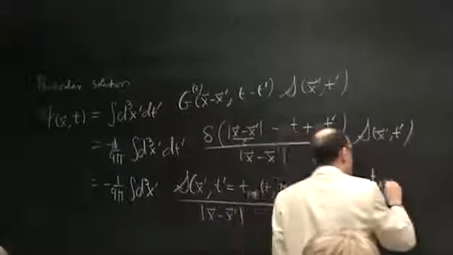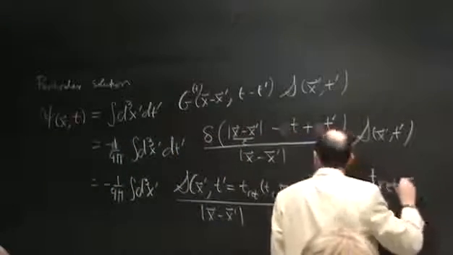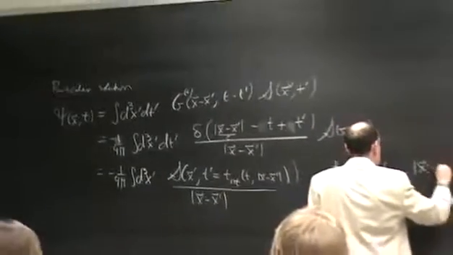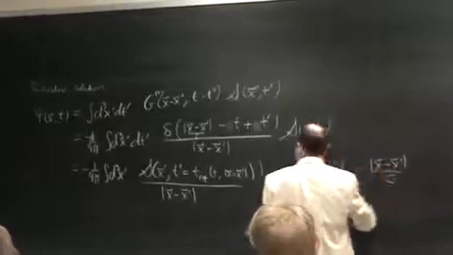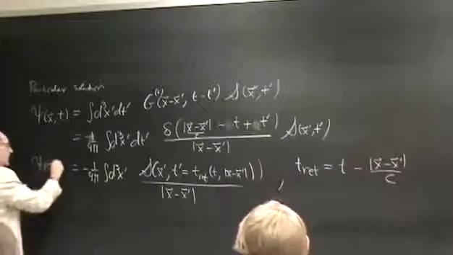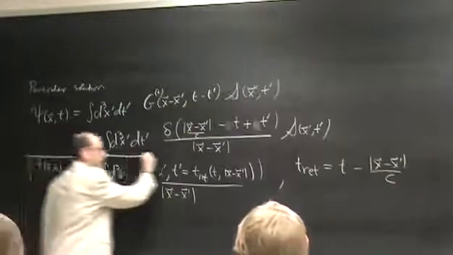So I have defined the retarded time to be t minus the magnitude of x minus x prime over c. And this is a very important solution.